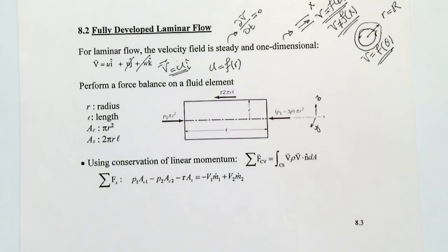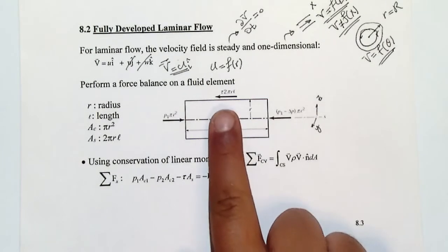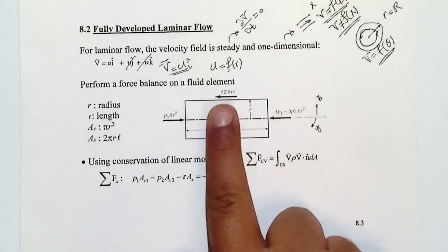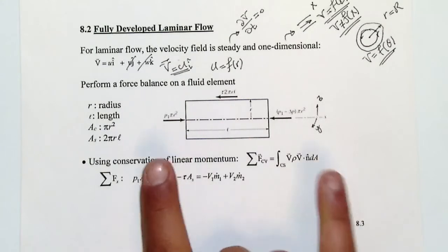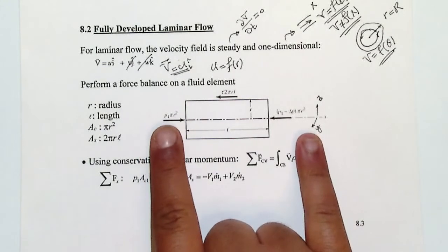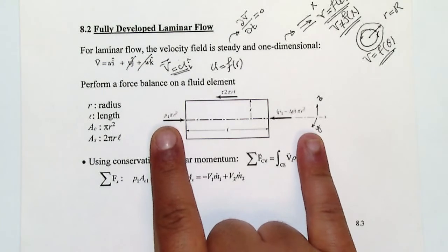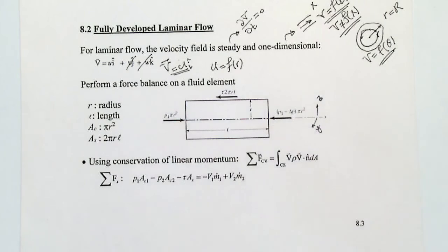To find that, let's do the force balance here to relate the velocity at first to tau, because tau is part of the thing that velocity comes inside of, and you also have additional forces here. One is the pressure at the start and at the end, right? Delta P should be here because you have a pressure difference, and because of that pressure difference, the flow moves over the pipe, right?